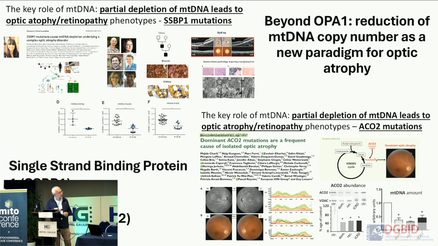And the key point here is that this disease is associated with a relatively profound reduction in the copy number of mitochondrial DNA, which is also the feature of ACO2 mutations. So a new paradigm for dysfunction of the optic nerve is a reduction of mtDNA copy number.